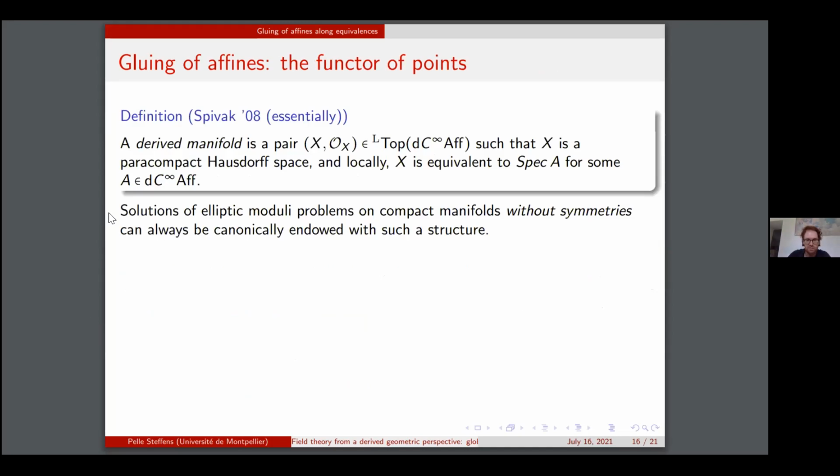So now we can define, in this category of derived C infinity affines, a derived manifold, which is essentially the same definition that Spivak gave.